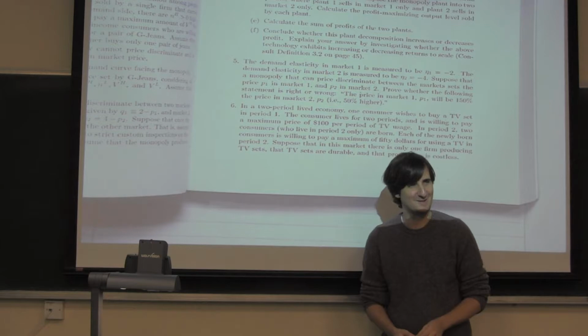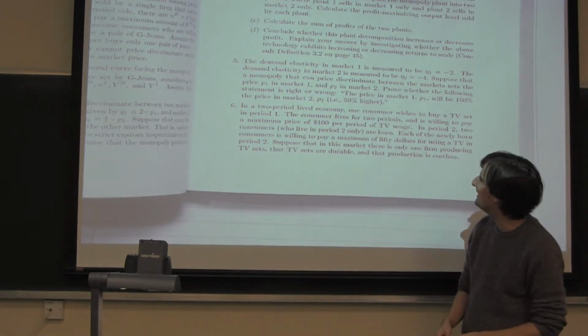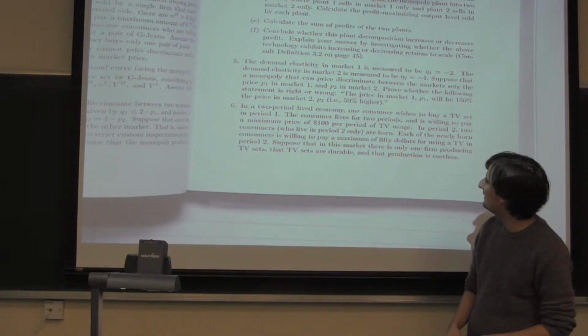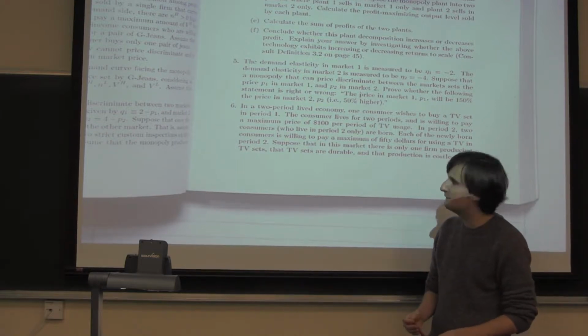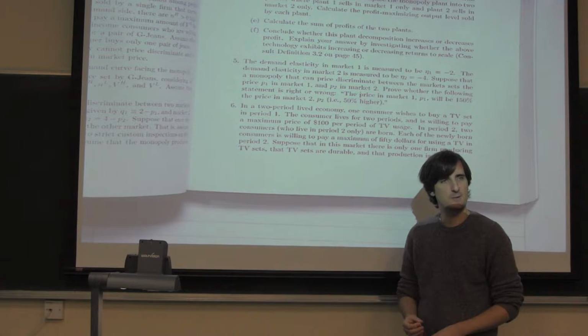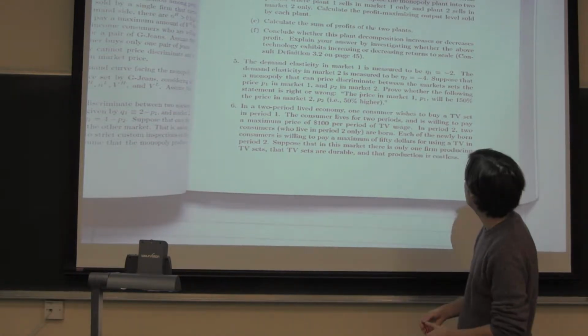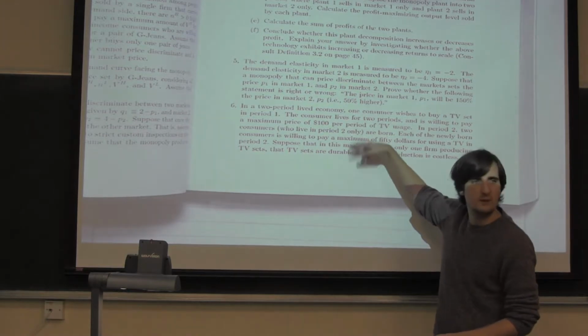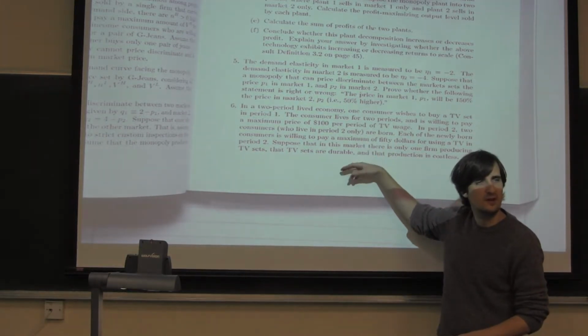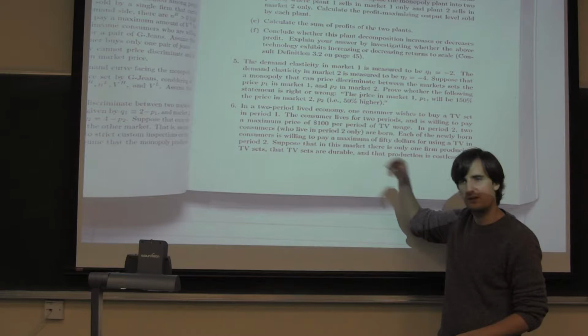50 looks... Yeah, so 50 is a good start, and I expect that's probably the answer. So if they charge 50 in period 2, they're selling to everyone. Okay, so if they charge a price of 50, we can assume we're just looking at 2 consumers, one consumer in period 1, one consumer in period 2.